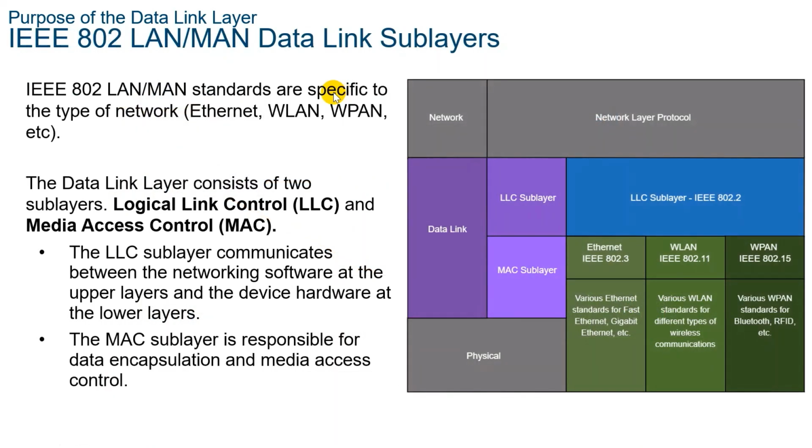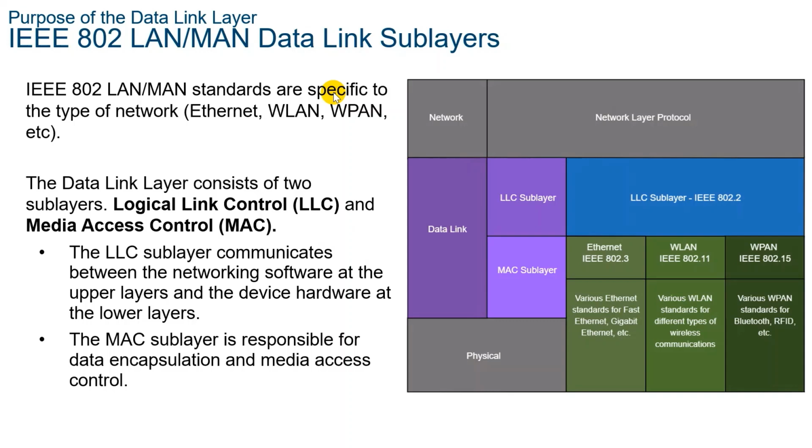The IEEE 802 LAN or MAN standards are specific to Ethernet LANs, wireless LANs or WLANs, wireless personal area networks or WPAN, and other types of local and metropolitan area networks.